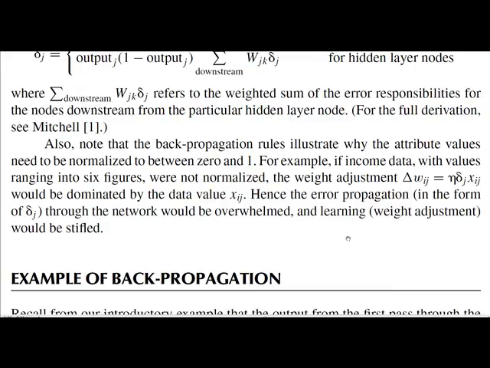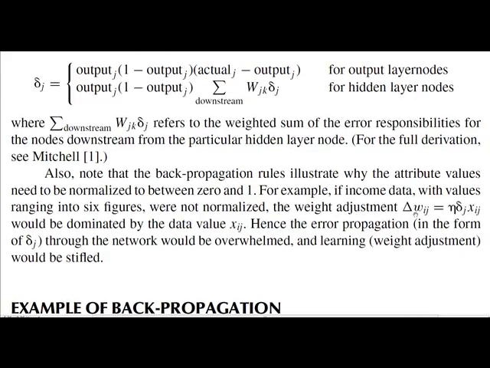For example, if income data with values ranging into six figures were not normalized, the weight adjustment delta wij, this is the formula for it, would be dominated by this, because that would be so big.